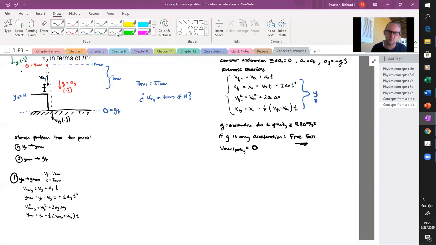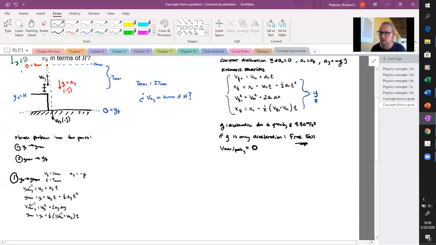But first, we're going to go through and highlight everything that's 0. Specifically, the maximum velocities are 0. So these are all 0. And we know that our acceleration in the y direction is equal to negative g.